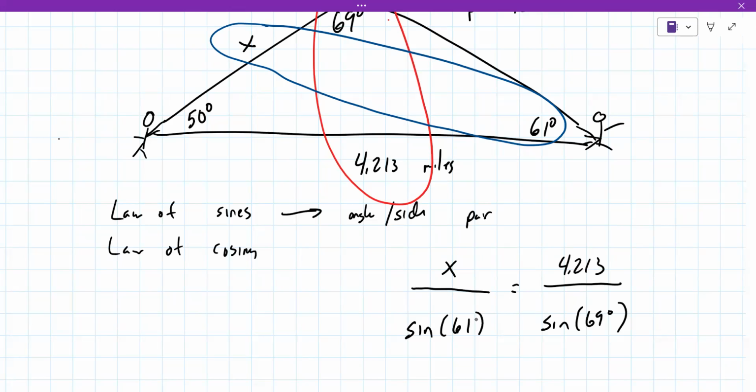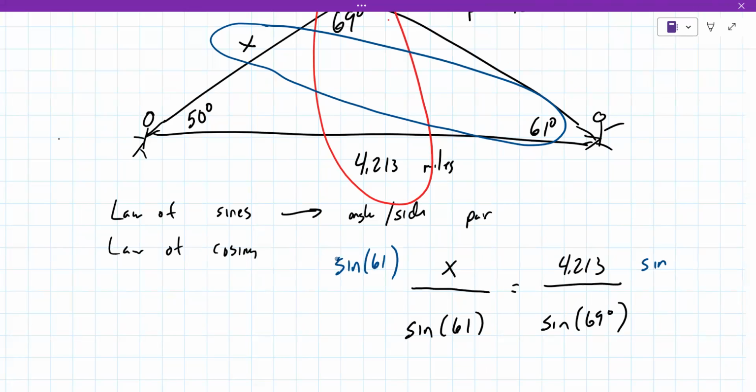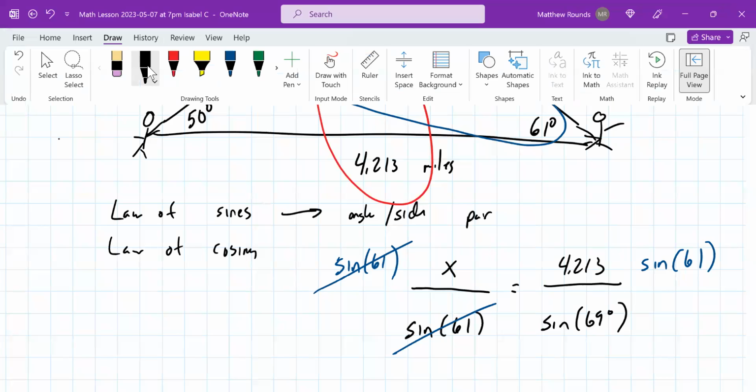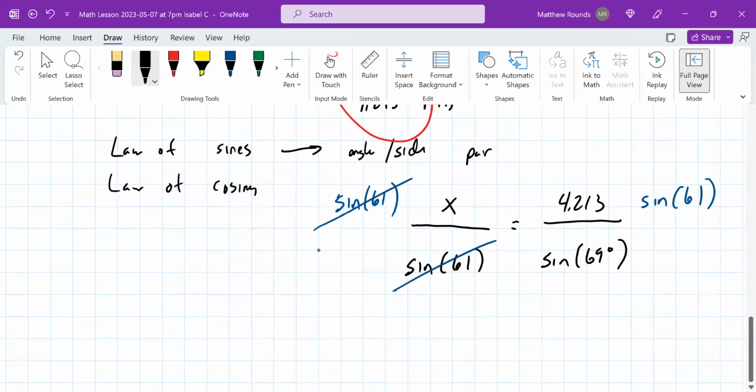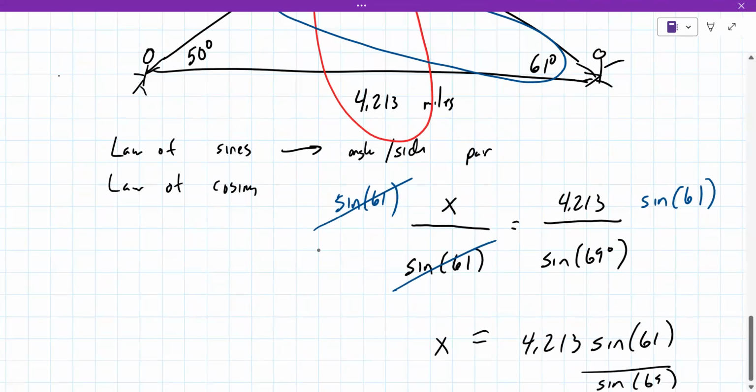All right, so now we have only one variable. We can easily solve this for x by undoing sine 61. So multiplying both sides by the sine of 61, the sine of 61 cancels out. So x equals 4.213 sine 61 over sine 69.